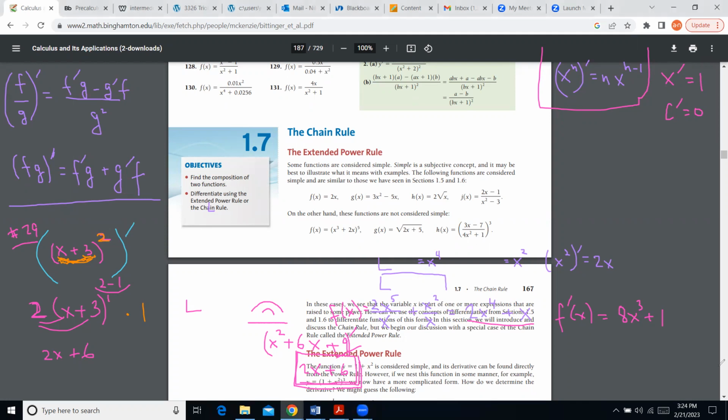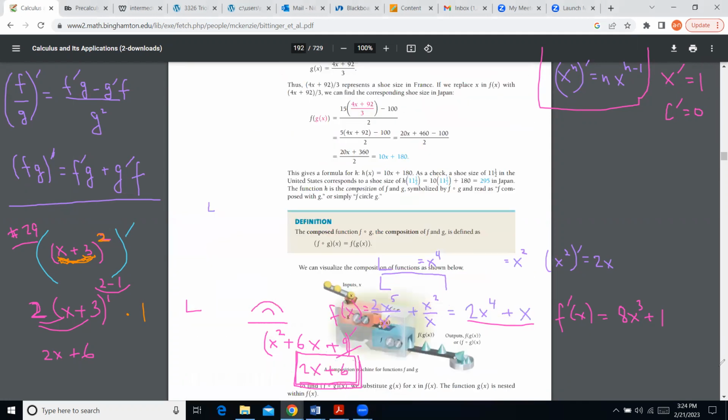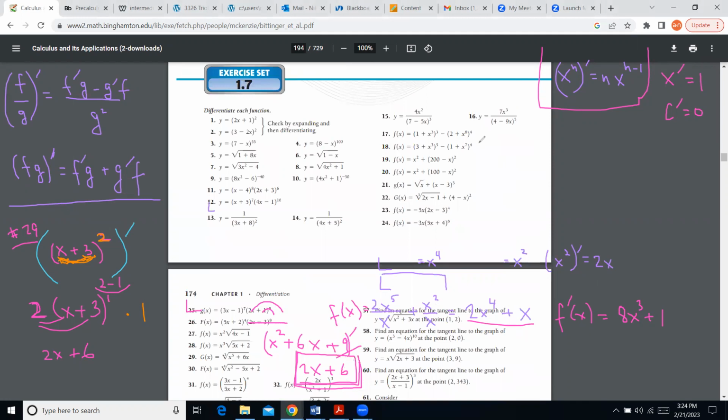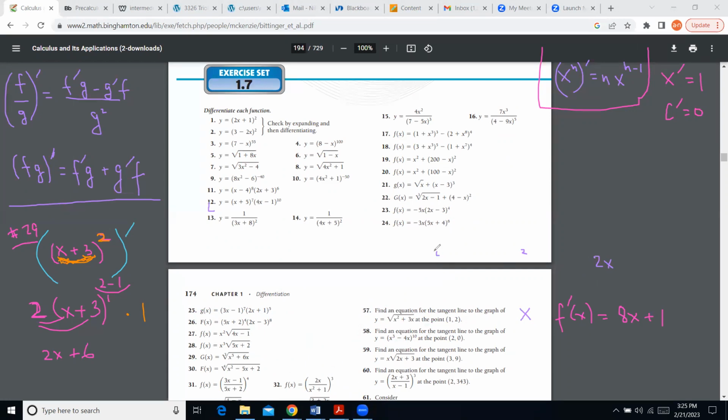So let me use this, because I don't think, besides the idea of multiplying the previous derivatives with the next ones, this section does not really have anything new for us. So we could just practice and do some problems here. So section 1.7.